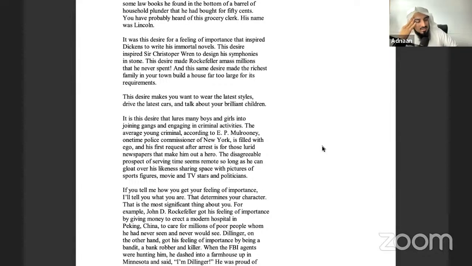It will be said of him, he's a qari; he learned how to read the Quran just so people would call him a qari. And he gave sadaqah just so people would call him generous. And it will be said to him, did you do this for Allah or didn't you? And he'll say, I did it for Allah. And they'll tell him, kadhabta, you lied. You did it so that you may be called these things. You did it because you wanted that importance from everybody else.